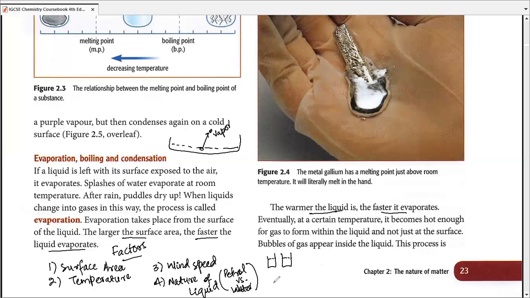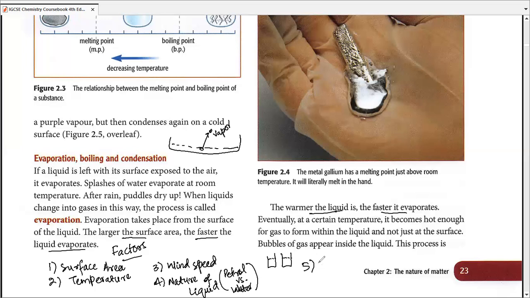But if I come back after 20 minutes, there would be no petrol in that glass. Not because it's stolen by someone, but because it evaporates too fast, right? Yes, sir. Okay, good. So the nature of the liquid is something that we can note.